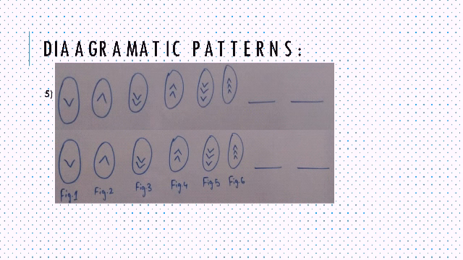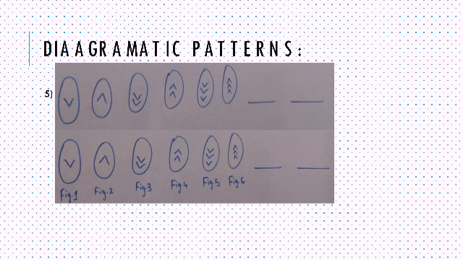That is, again it is placed with the arrowhead pointing in the upward direction. In the third diagram, look, arrowheads are given which are pointing downwards, but as in figure number 1 there is a single arrowhead. In figure number 3, arrowheads are increased by 1, that is there are 2 arrowheads.